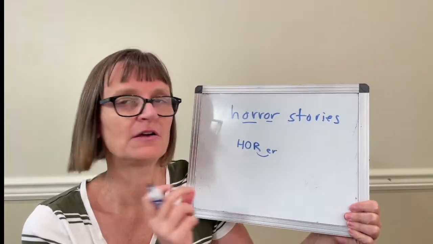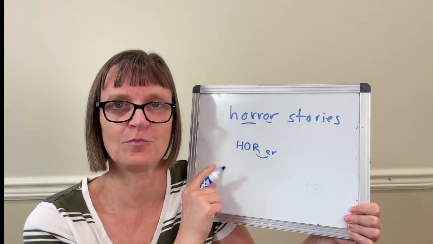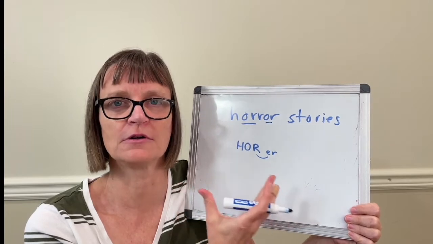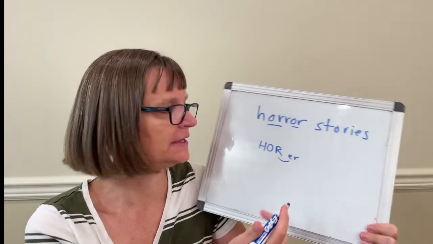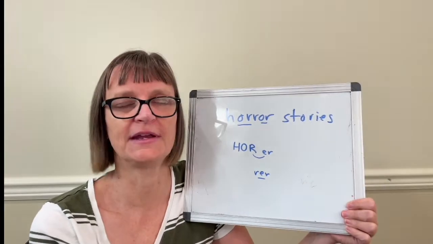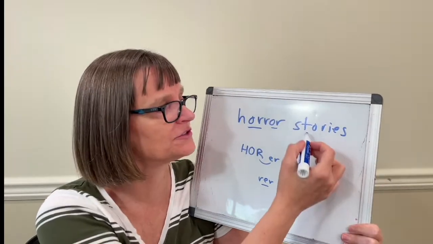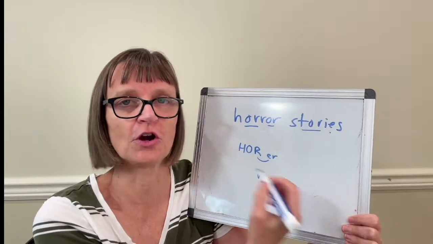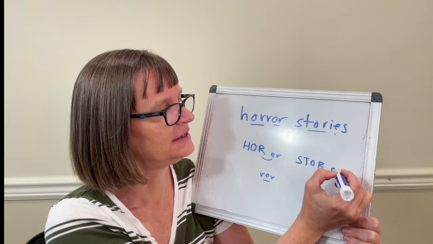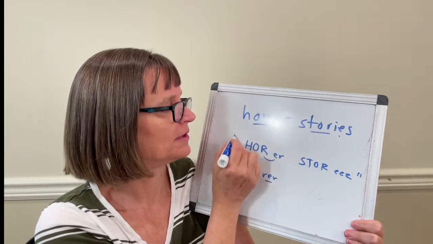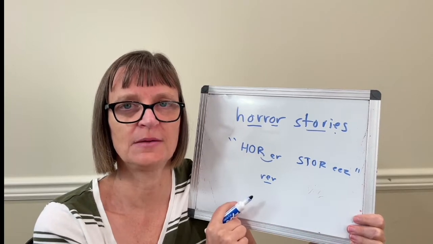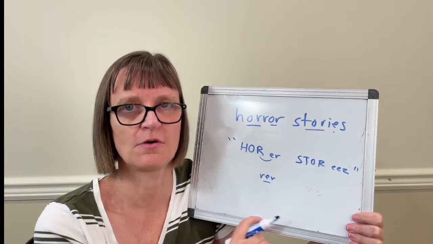As I'm saying the R, I have to kind of move from my or into my next R. It's not really broken. It's not horror, but horror. So that's what makes it so difficult, is kind of doing that R combination. And then if we add stories at the end, that makes it even harder because we have another or. So then we have stories. So going slowly, horror stories, speeding it up, horror stories.